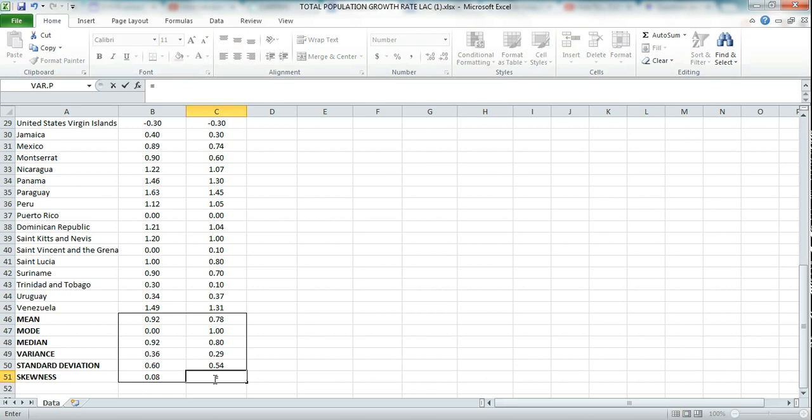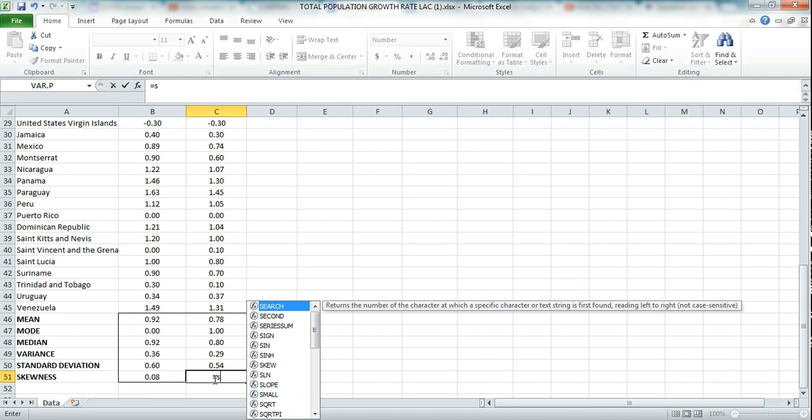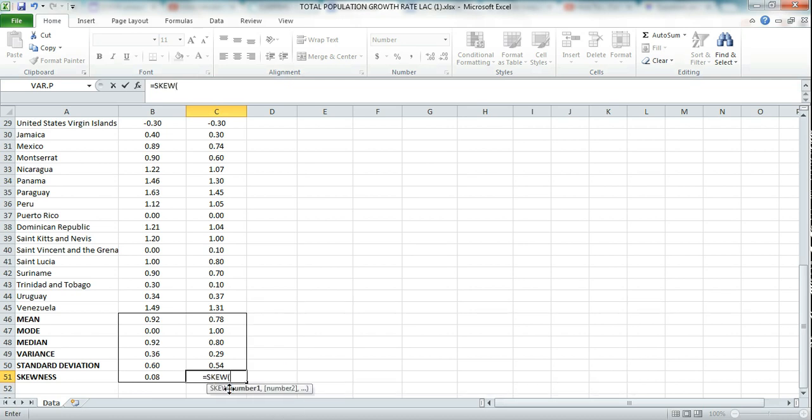And the same thing here, skew, C4, C45, enter. And of course, the skewness here is suggesting in both cases that I have a positive skew.